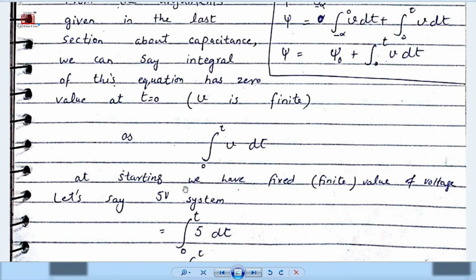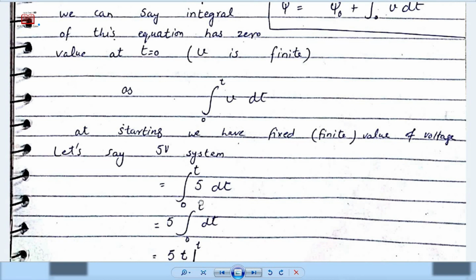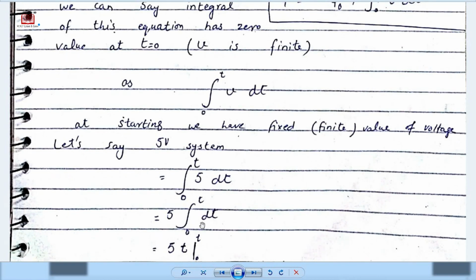Right now, especially when we are switching our system at t equals 0, this integral value will be 0. So if we have a 5 volt system, the integral of 5 dt, excluding the 5 from the integral because it is a constant, is 5 times the integral of 1 dt, that is t.